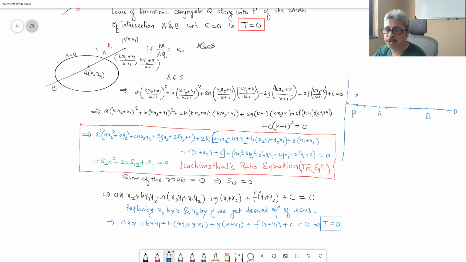Let P be at 0. Then my A is at 3, and B is at 9.